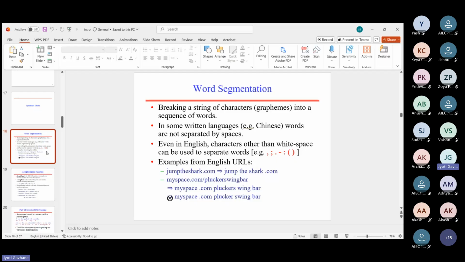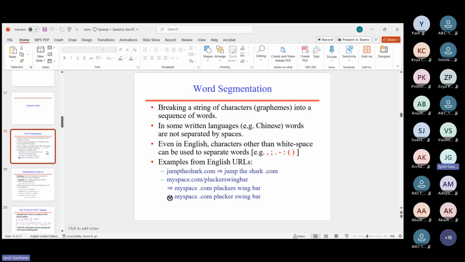A string of characters is called graphemes, right? So breaking a string of characters into a sequence of words, and sequence also matters. Why? Because of how the sentence is formed: subject, verb, and object, right? But if I mismatch the sequence, then it is difficult to interpret the meaning. In some written languages, we won't find spaces, for example, Chinese.